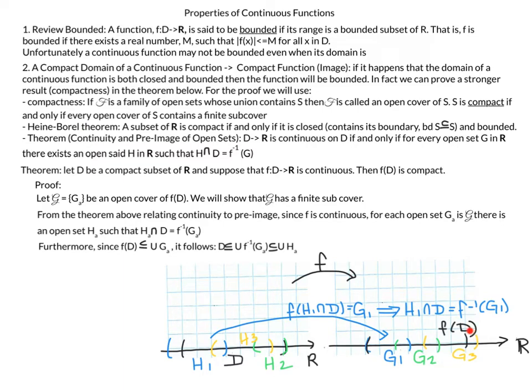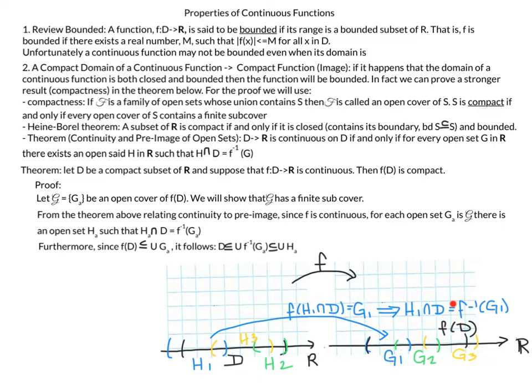So if I have an open set G2 in green over here, by this theorem, there has to be some open set over here that, when you intersect it with the domain, H2, will map exactly into G2. Also for this open set G3, that is part of the open cover, there is another open set over here that when you intersect it with the domain, maps exactly into G3.